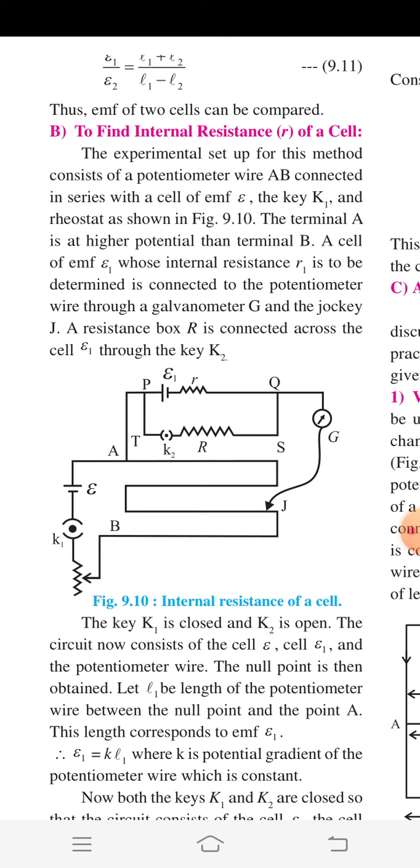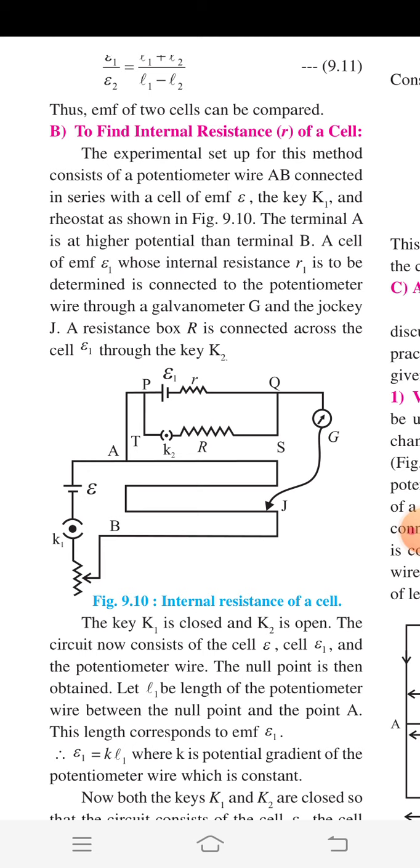The internal resistance small r of the cell of EMF E1 is to be measured using that experimental setup. How do we calculate it? First, key K1 is closed and K2 is open. The circuit then consists of cell E, the source of EMF, cell E1 and potentiometer wire AB.